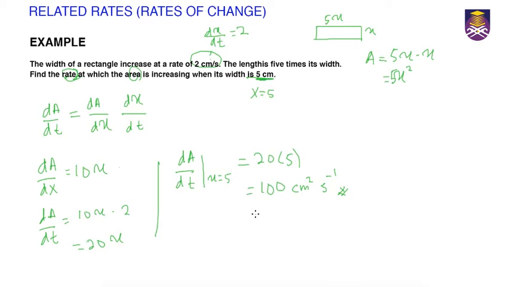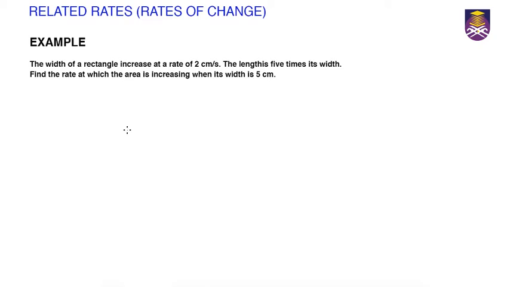This is the method by using the chain rule. Alright, now I would like to show you how to find the rate of the area by using implicit differentiation. From the question here, we know that the area is 5x squared. To find it by using implicit differentiation, we have to differentiate both sides, the left side and the right side, with respect to t.